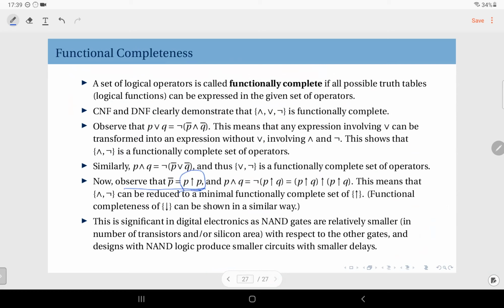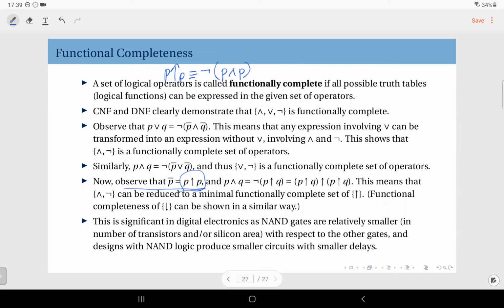if you NAND a proposition with itself, you get the negation of that proposition, because this essentially is by definition equivalent to not (P and P), and P and P is just P, because if P is true, P and P is true, and if P is false, P and P is false.